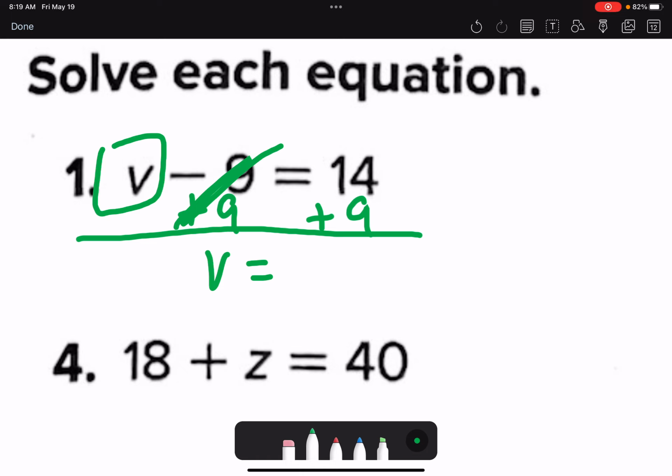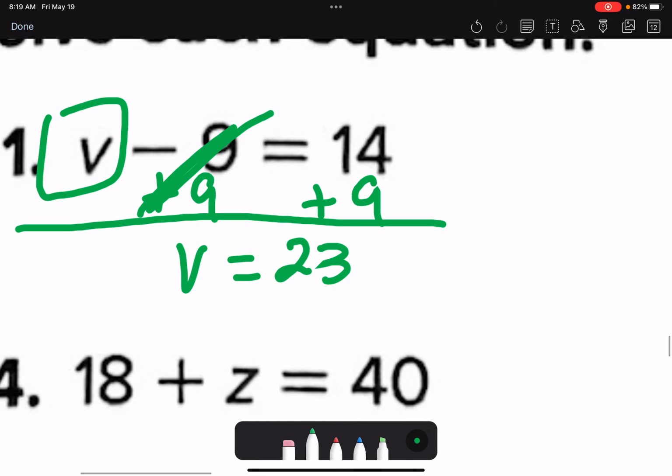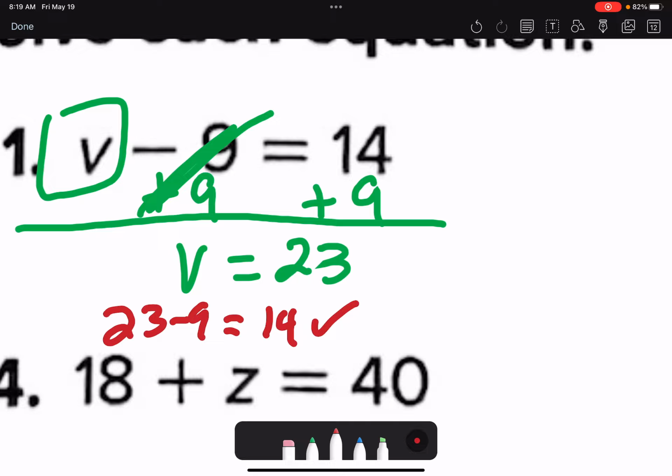All right, so 14 plus 9 is 23. And then go ahead and check your work. If I have 23 minus 9, that does in fact equal 14. I am correct.